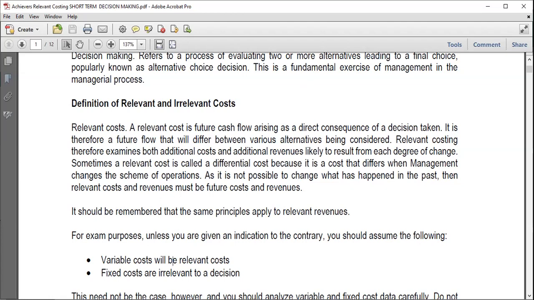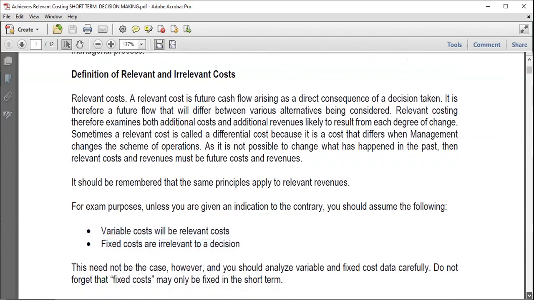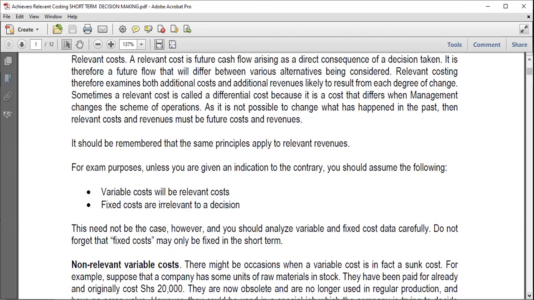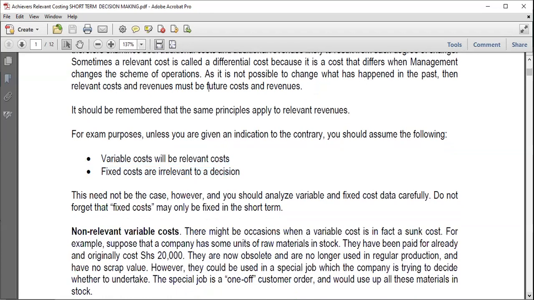So it is very important for us to have this in mind, that usually variable costs are relevant costs because definitely they will change with the decision, while fixed costs are irrelevant because they will remain the same all through. You get it? We shall try to understand when we see more examples.